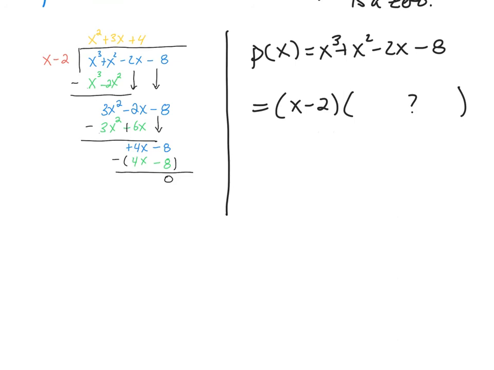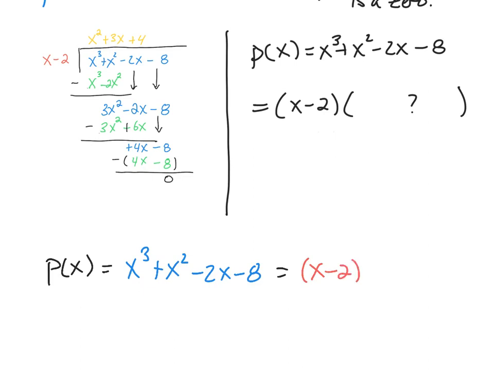And so my polynomial, when I write this all said and done, p of x is going to be equal to, right, so in blue we have this x cubed plus x squared minus 2x minus 8, which is equal to x minus 2 times x squared plus 3x plus 4.